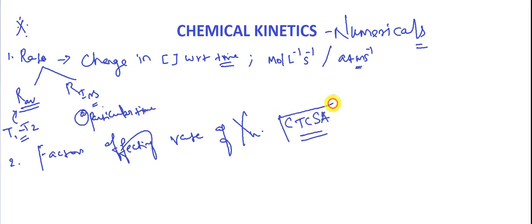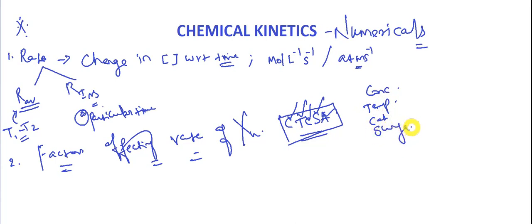If you remember this code, it will be easy to understand the factors affecting the rate of the reaction. The first C is concentration, the second is temperature, the third is catalyst, then surface area, and activation energy. These are the things which influence the rate of the reaction.